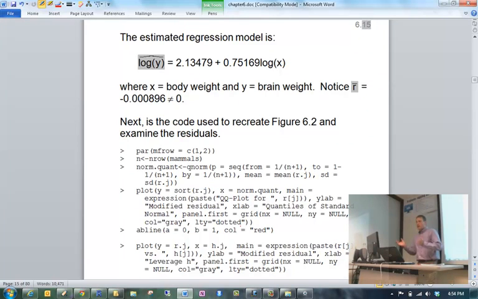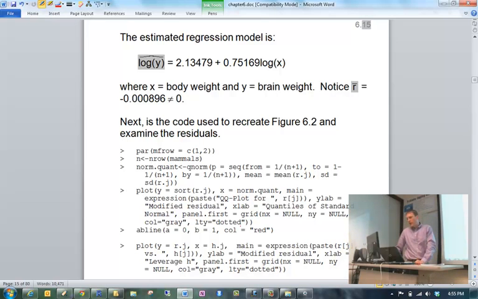So then my estimated regression model, of course, log of y, just don't forget the hat, is 2.13 plus 0.75 times log of x. Notice we have a positive relationship, as you would expect. So as body weight goes up, brain weight goes up as well.